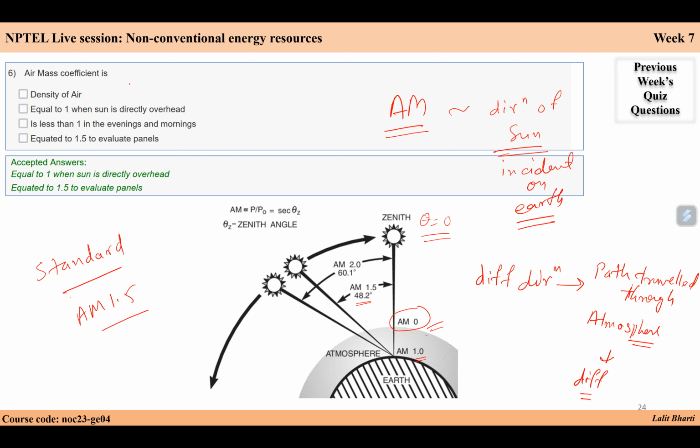So our options: air mass coefficient is density of air, no, it doesn't represent the density of air. Equals 1 when the sun is directly overhead. That's correct. This is the zenith case, theta equal to 0 degrees. It is less than 1 in evenings or mornings. That is not correct because it will not go less than 1.